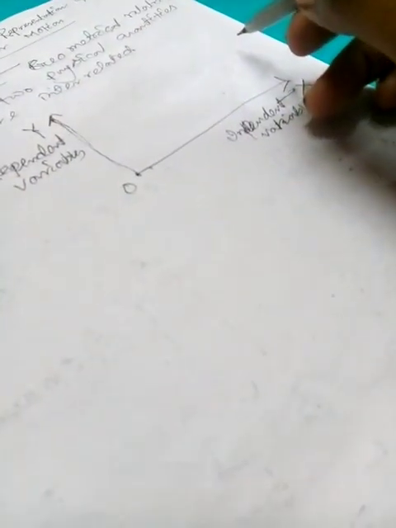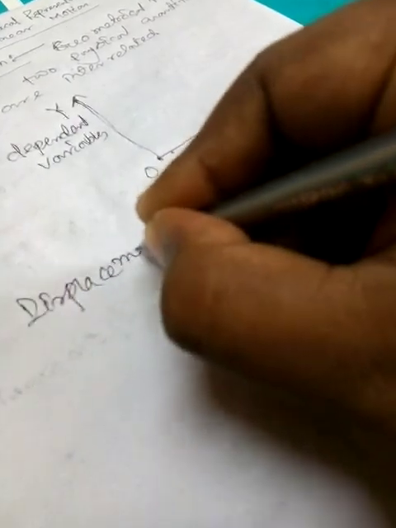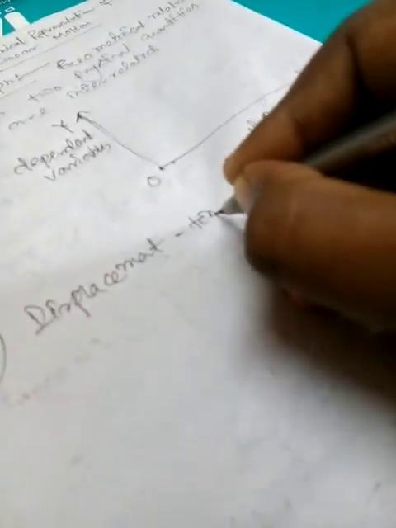Then the next work we have to do is the scaling. Along x and along y we have to make scales. Now, there are three graphs we are going to do. Number one, displacement time graph.